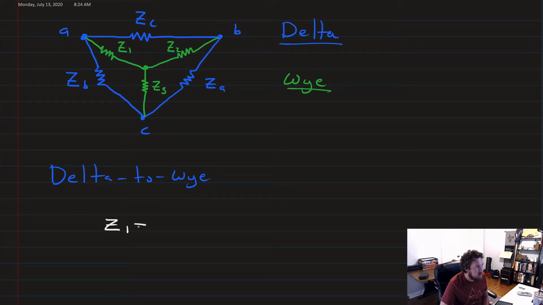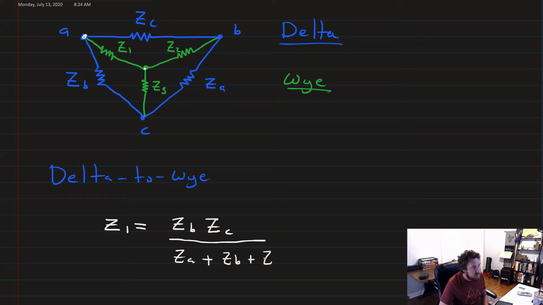Z1 is equal to the product of the other ones, the ones that are connected in here. So Z1 is ZB times ZC. Notice those are the ones that connect to what is Z1. And that's going to be over the sum of all the impedances, ZA plus ZB plus ZC.